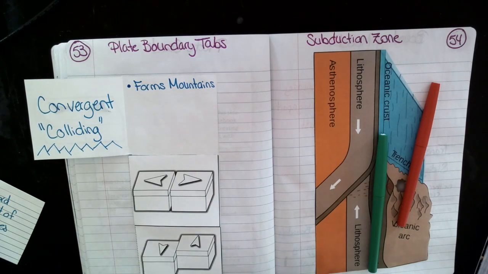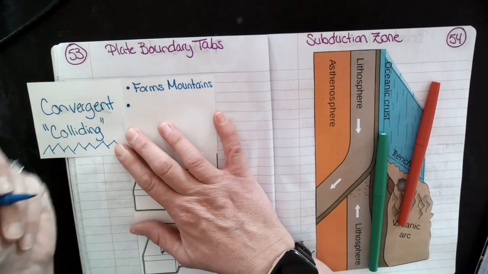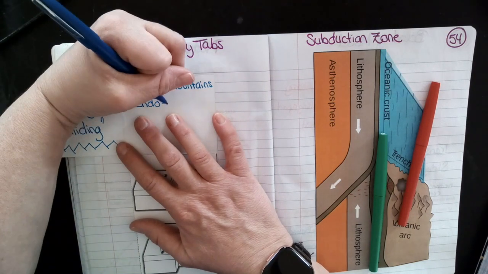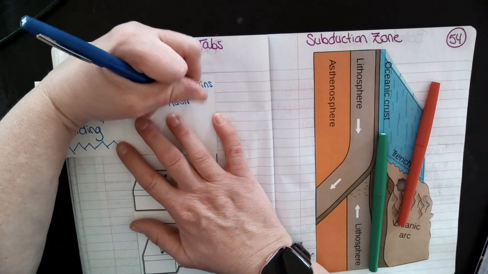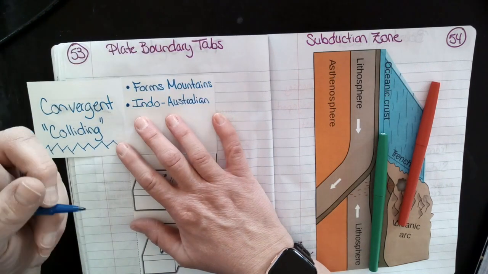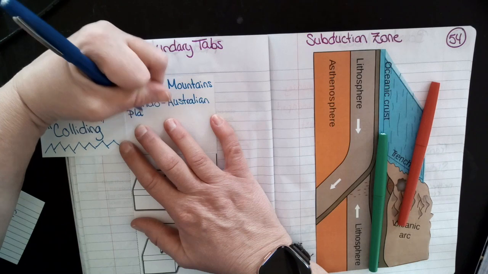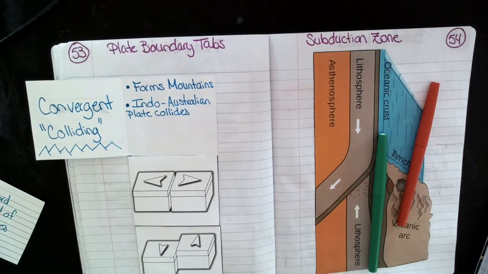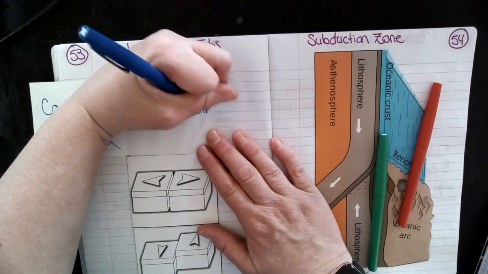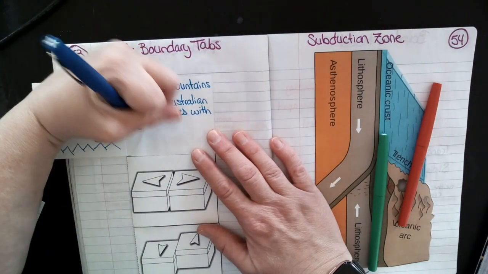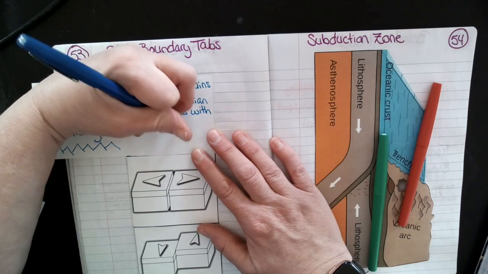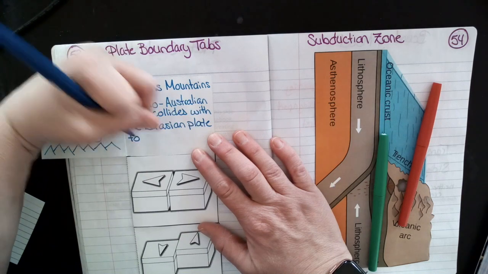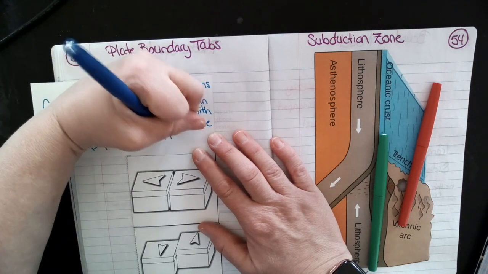Okay, specifically, some of these famous mountains are the Indo-Australian plate. Remember this plate? I feel like we wrote this a different way already. Indo-Australian plate collides with the Eurasian plate to form the Himalayas.